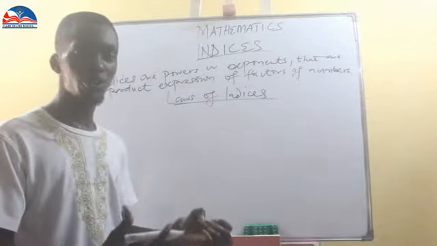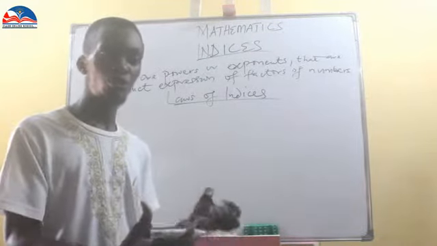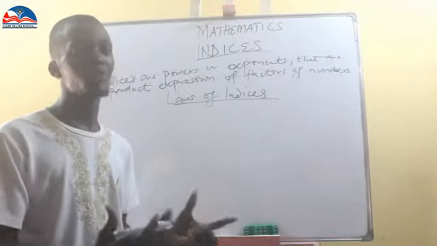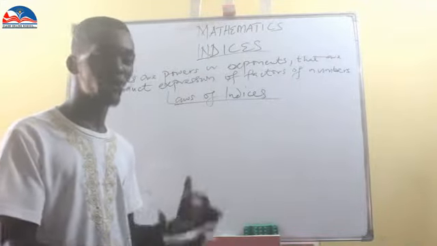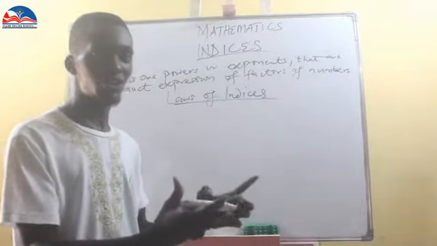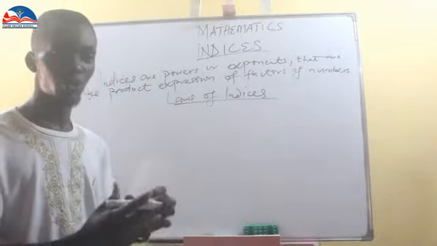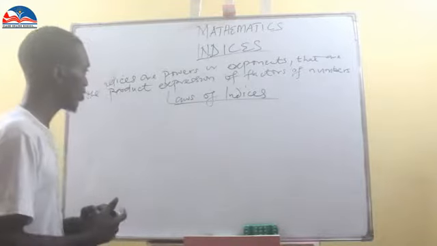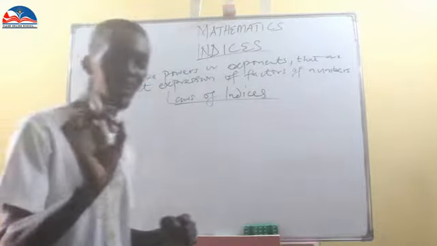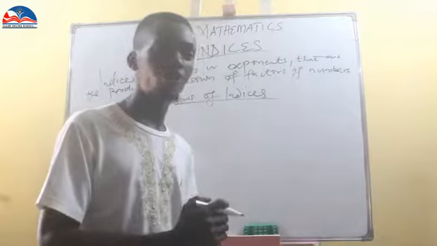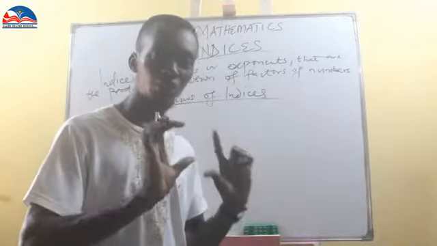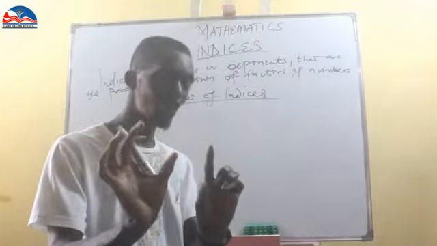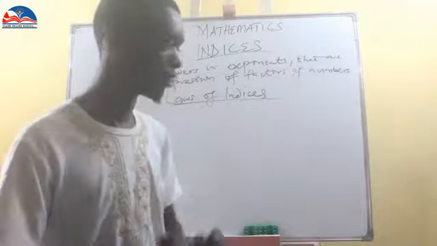These laws will make us know what to do at a particular time, and make us recognize certain changes whenever a question is given. There are three basic laws of indices. There are other laws, but there are three basic laws.